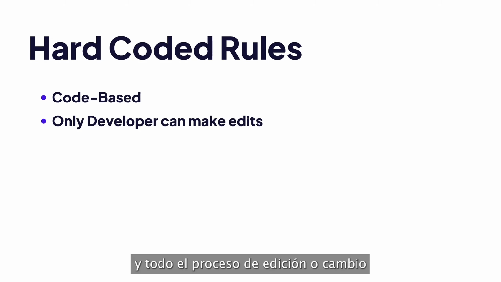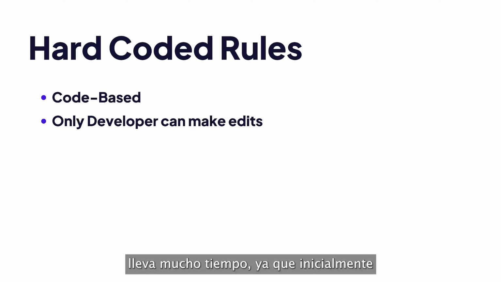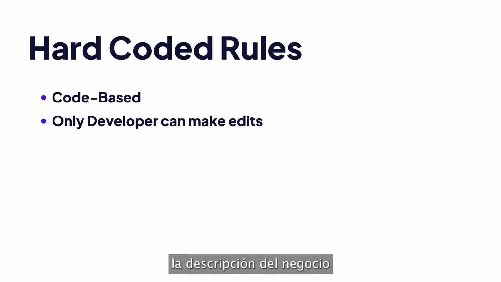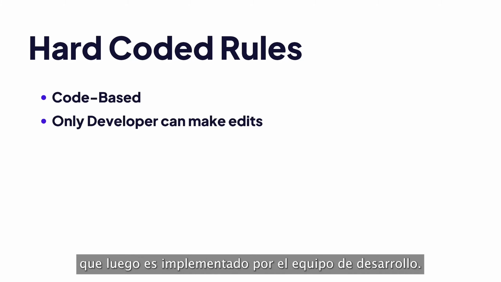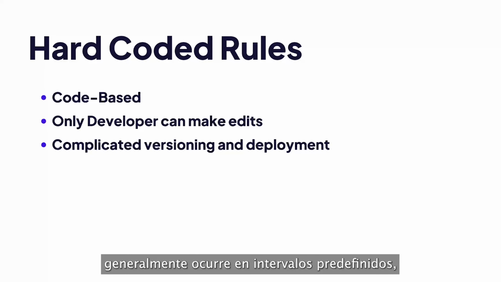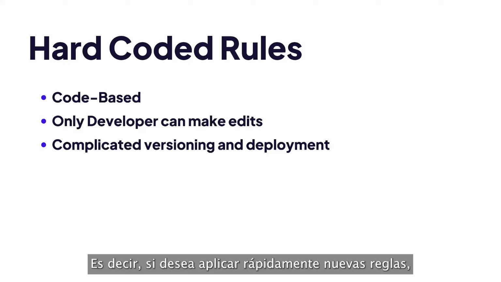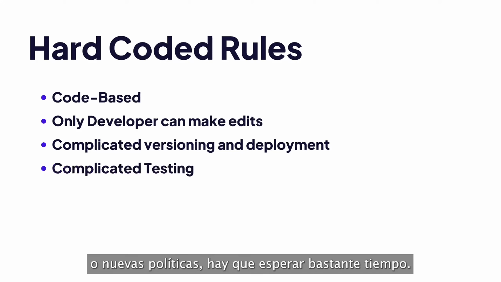And the entire edit or change process takes a really long time, since initially the business team needs to create a business description, which is then implemented by the development team. The deployment of new versions usually happens in predefined intervals, once a quarter or twice a year, meaning if you want to quickly apply new rules, new policies, you have to wait for quite a long time.